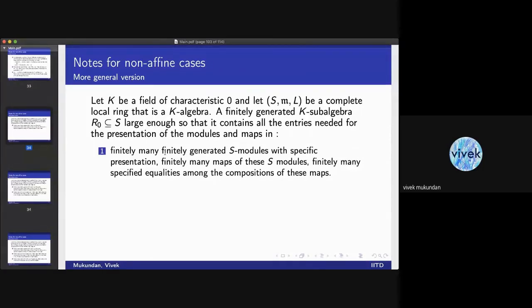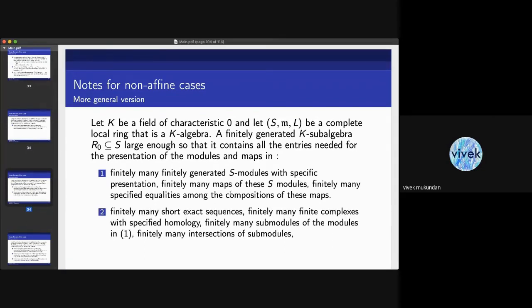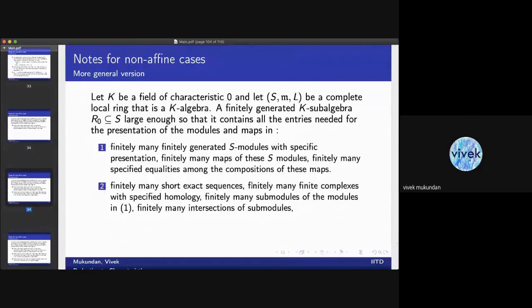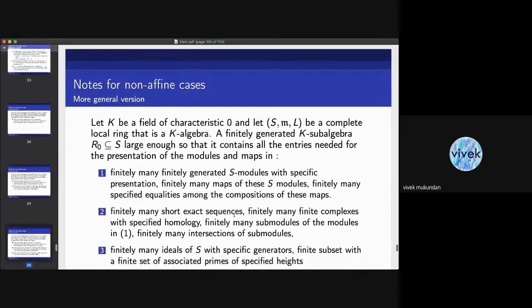So you are considering finitely generated S modules with specific presentation, and finitely many maps of these modules, finitely many specific equalities among the composition of these maps, and finitely many short exact sequences, and finitely many finite complexes of specified homology, finitely many submodules of modules in one, and finitely many intersections of modules, finitely many sums of modules, whatever.